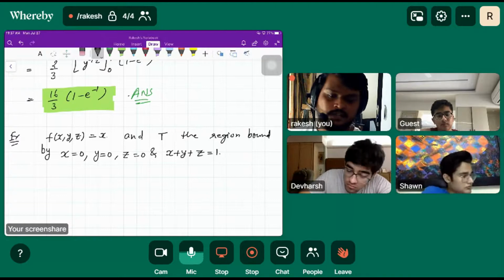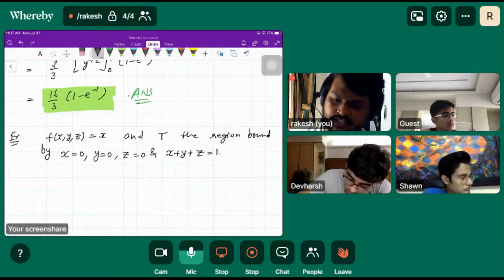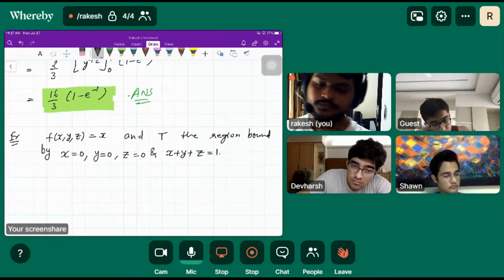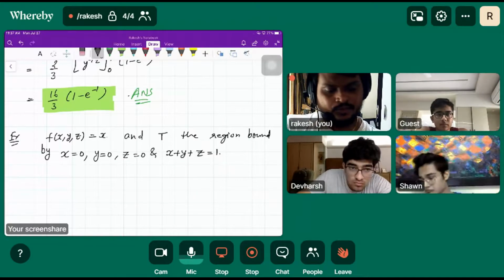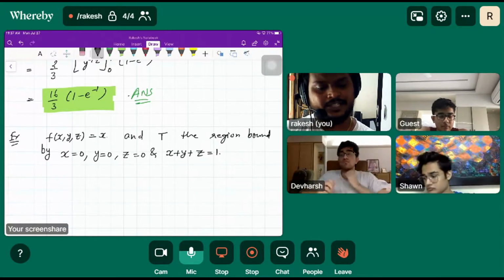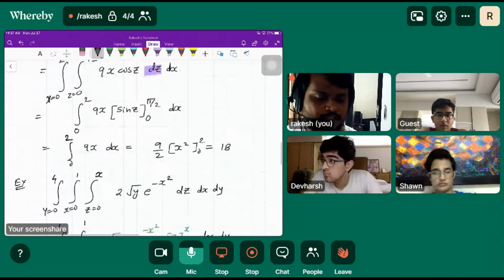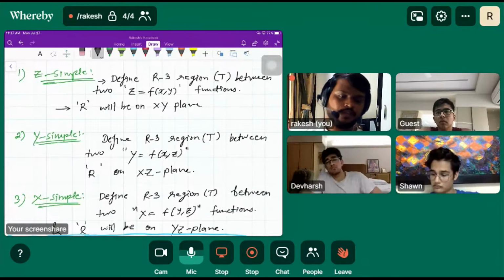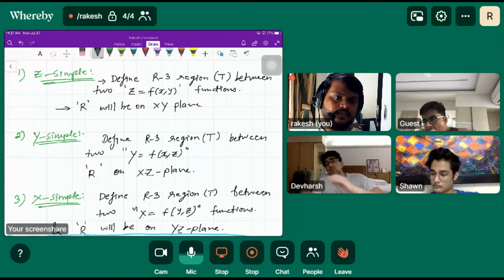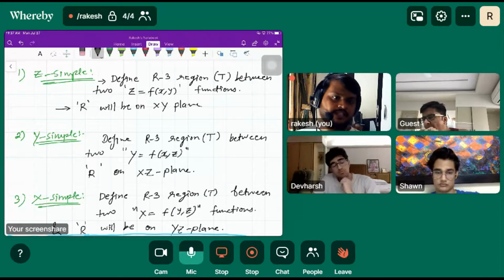Now, as I've already explained, let's understand this question properly. As I have explained, what is z simple, x simple, and y simple. For z simple, we just find the two surfaces, which are two functions, z is equal to f of x y.